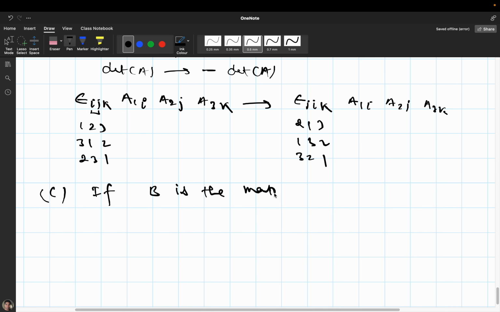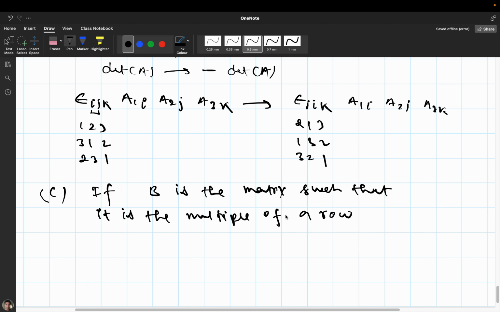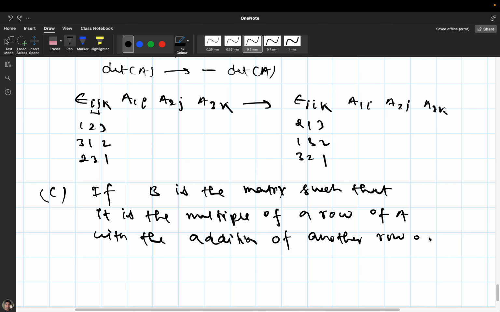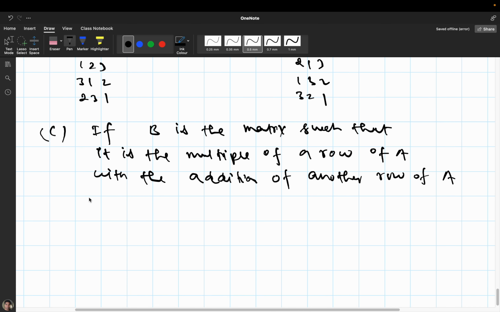Sorry, B is the matrix only, such that it is the multiple of a row of A with the addition of another row of A. Same with the column also.